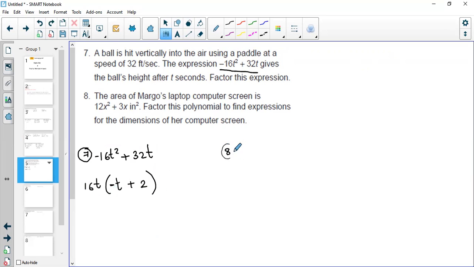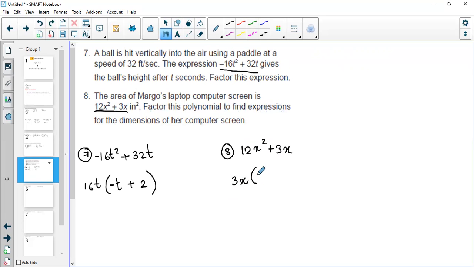Right, let's move to question number 8. The area of Margaret's laptop screen is 12x squared plus 3x. Factor this polynomial to find the expressions. Again, you need to just factor this. So let's factor it. 12x squared plus 3x, it's a binomial. So the GCF of this is going to be 3x.